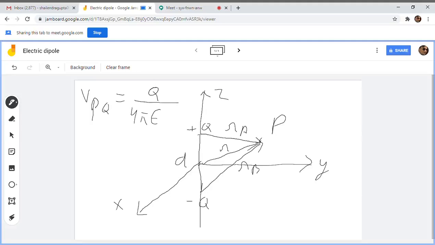This is 4 pi epsilon, or 2 pi epsilon? This is 2 pi epsilon? Sorry for that. 2 pi epsilon r.